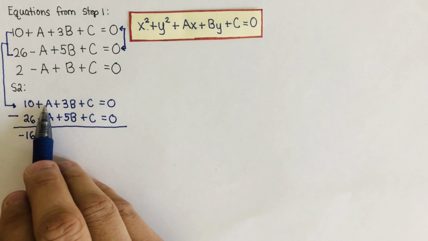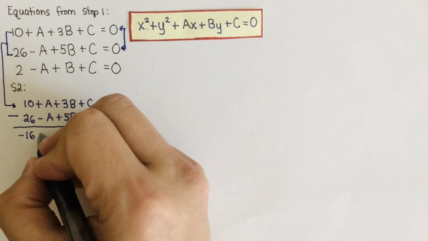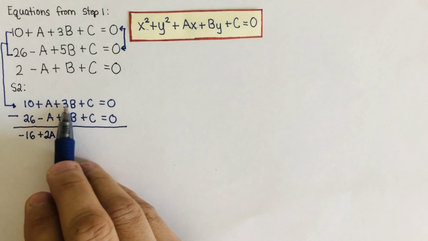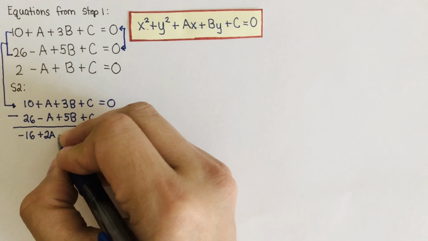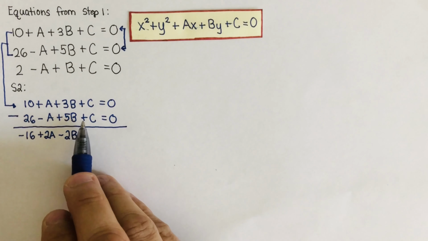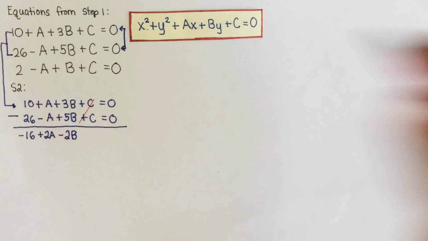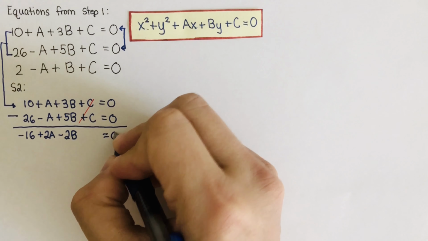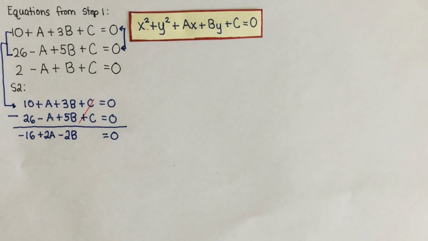We have a positive A minus negative A, which is 2A, so plus 2A. Then 3B minus 5B is negative 2B. And C minus C is 0, so these get crossed out. We are left with this equation, and that is equal to 0 because C minus C is 0.